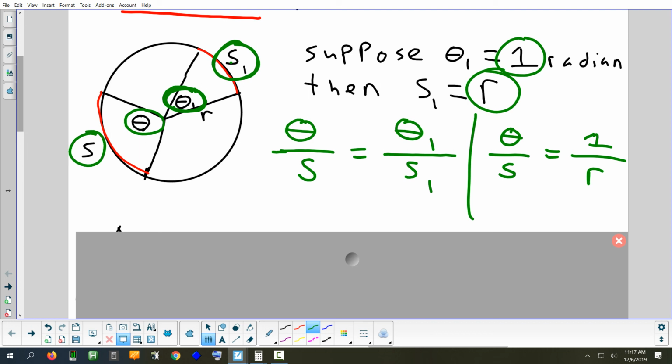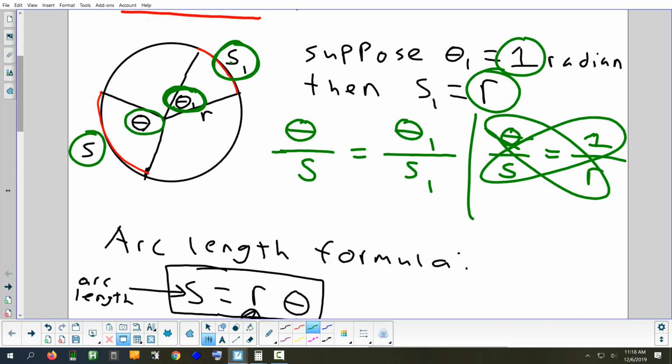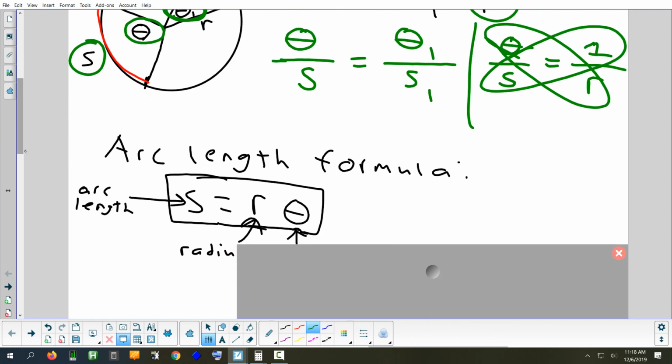Usually it's two words. Yeah, cross multiply. So you cross multiply. That times that equals that times that. So when we do that out, Eric, what's S times 1? S. S equals, and then the other diagonal is just R times theta. That's it. So that's the formula to find the length of an arc.